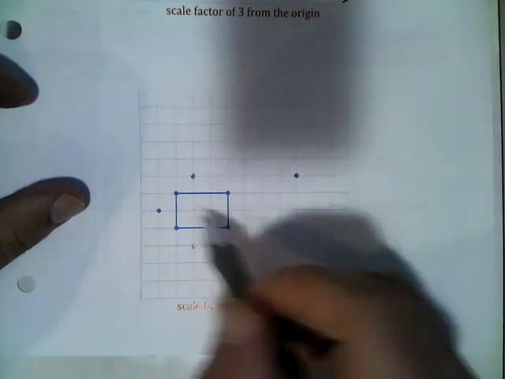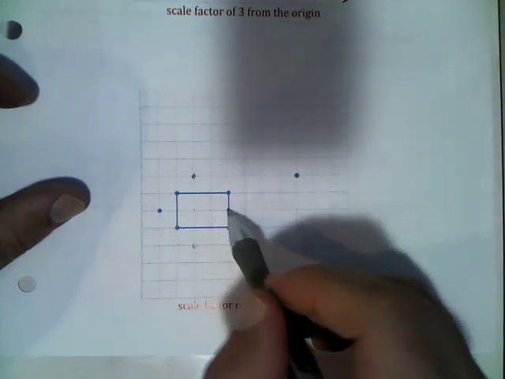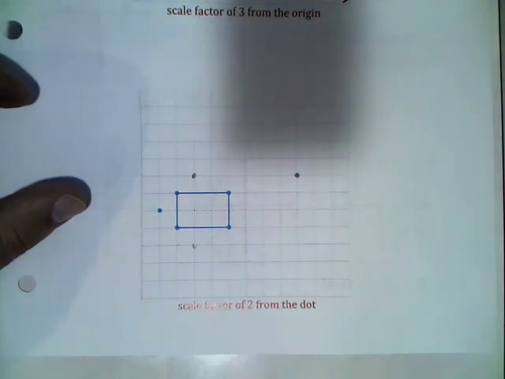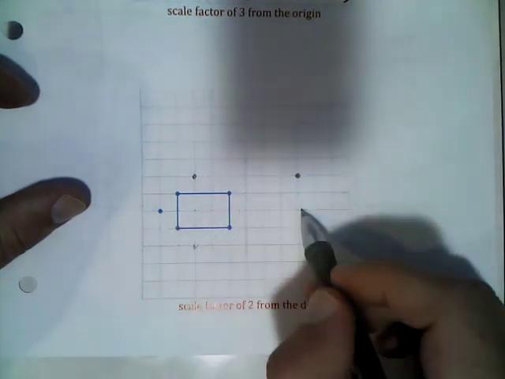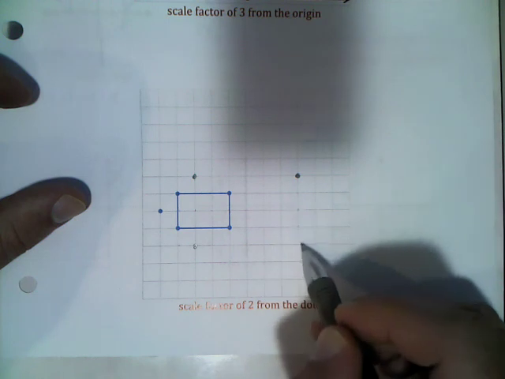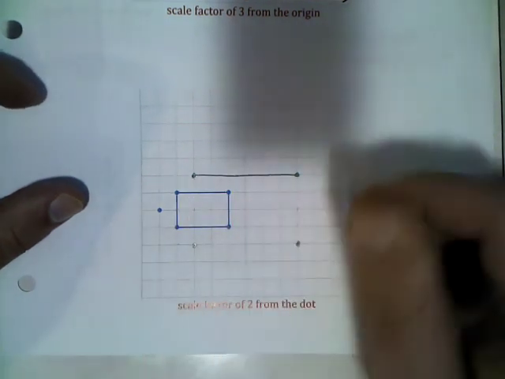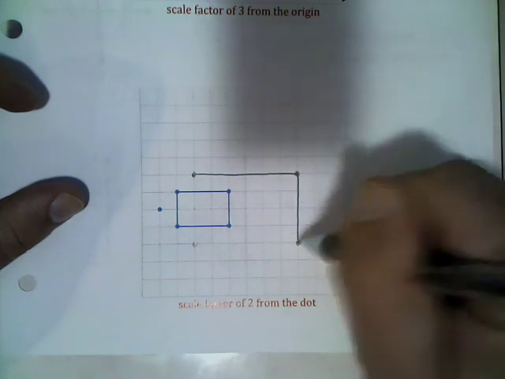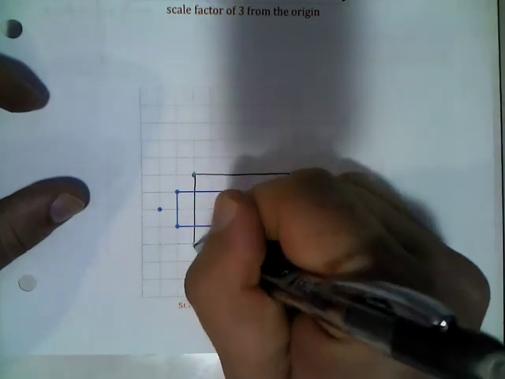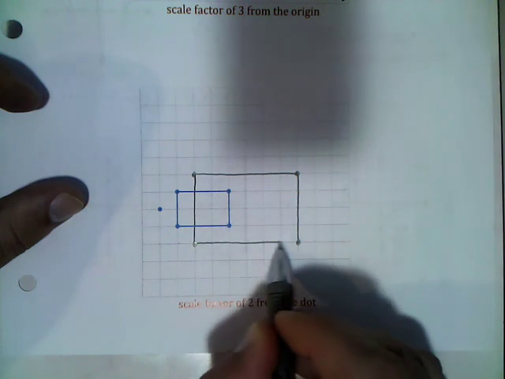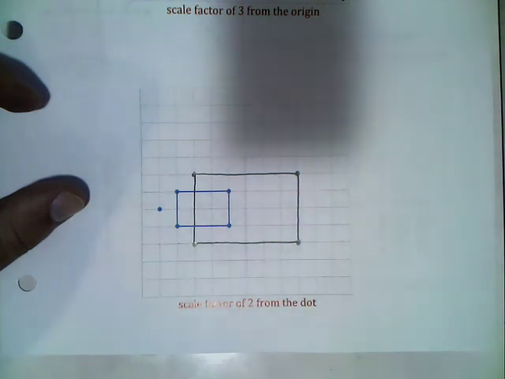And then finally, 1, 2, 3, 4 to the right and 1 down. So if I multiply those both by 2, it'll be 8 to the right and 2 down. And so if I connect these dots here, we end up with a rectangle that is twice as big as the original rectangle.